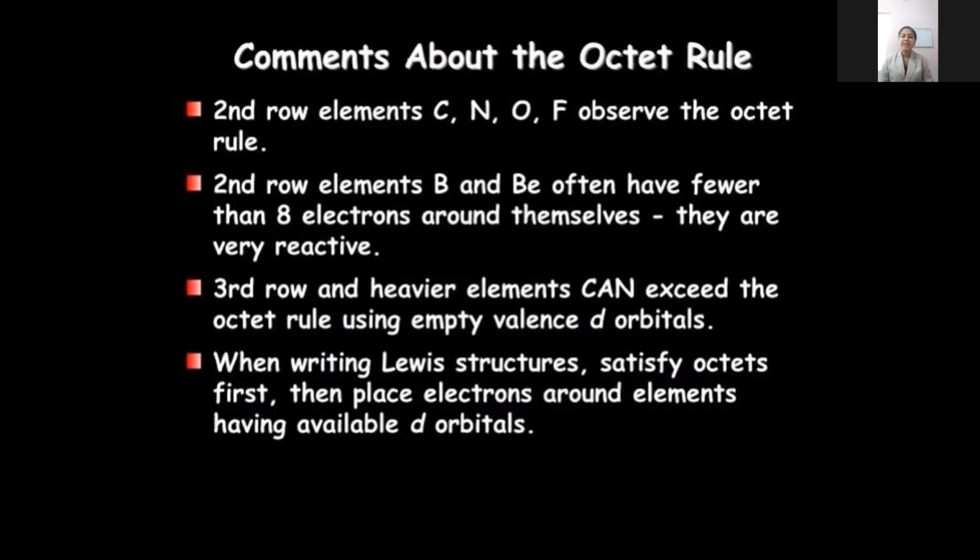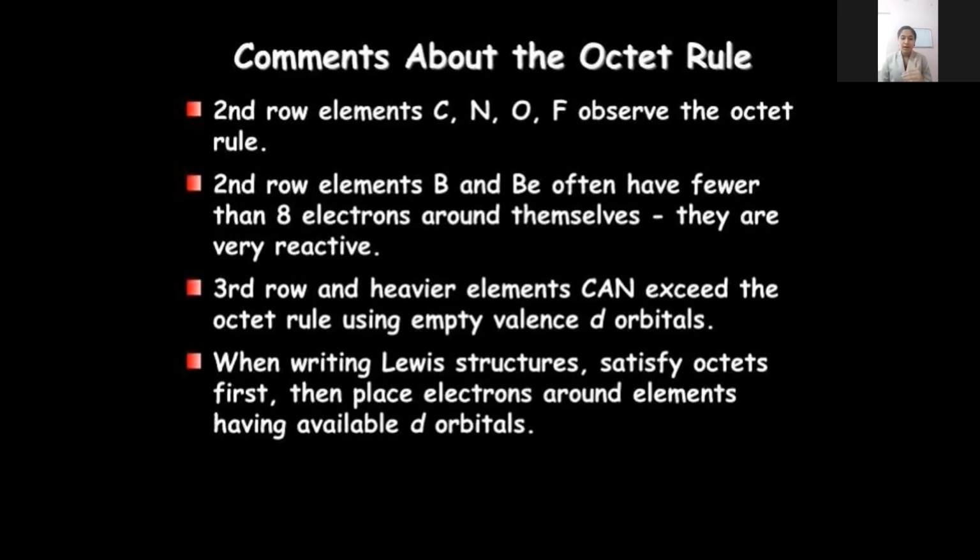Okay, so now we can see the octet rule and its exceptions. The second row elements, especially carbon, nitrogen, oxygen, and fluorine, all obey the octet rule. The second row elements boron and beryllium often have fewer than 8 electrons and are highly reactive.